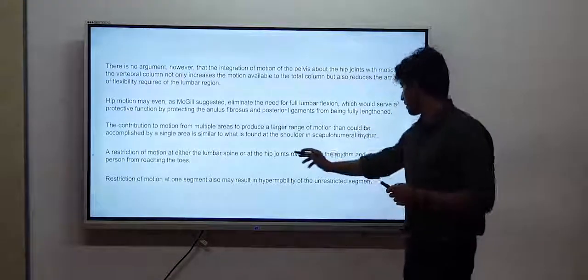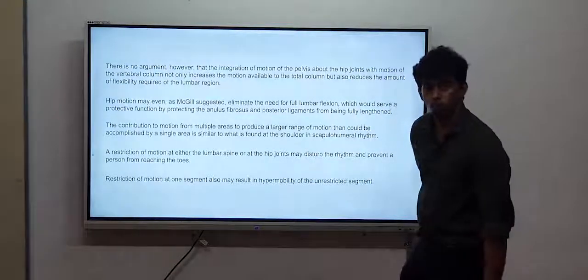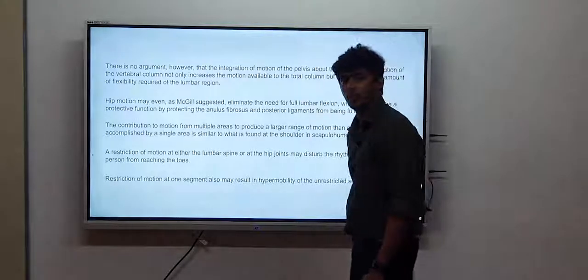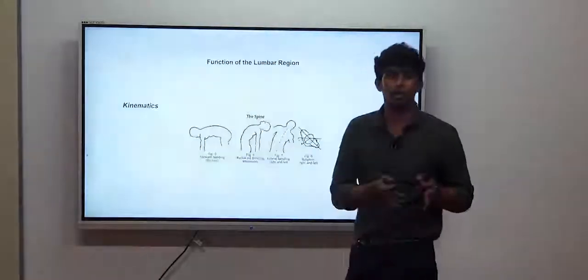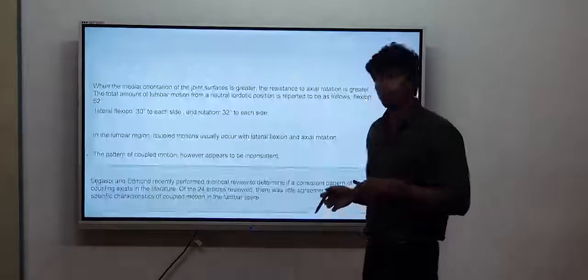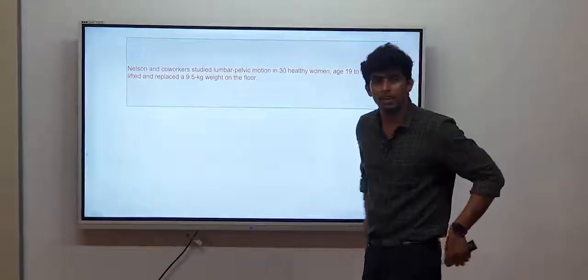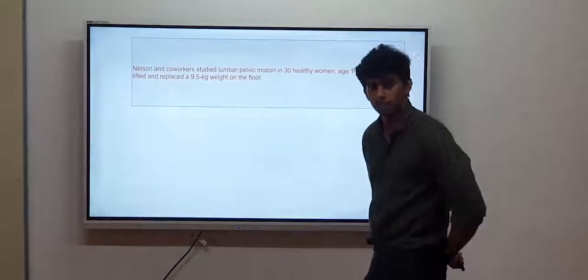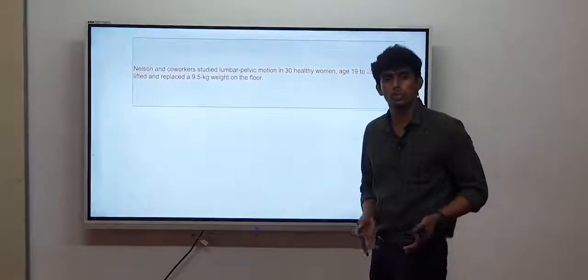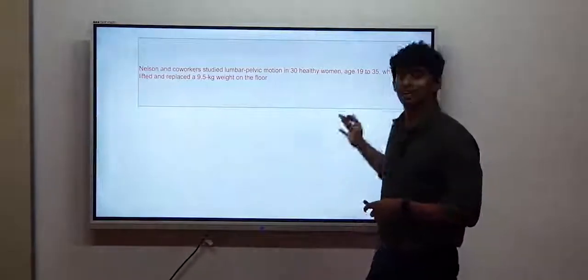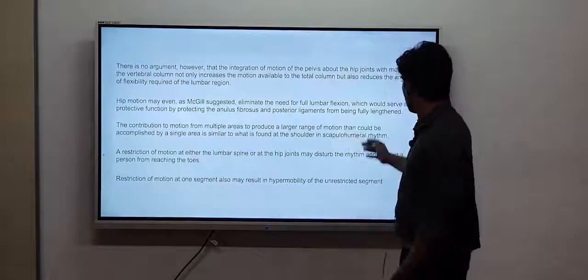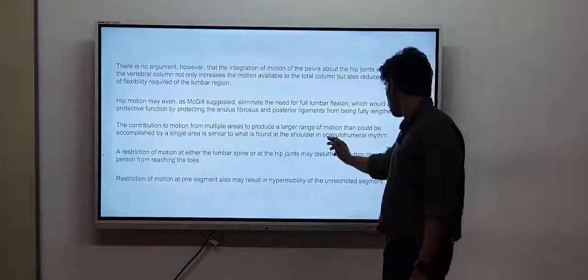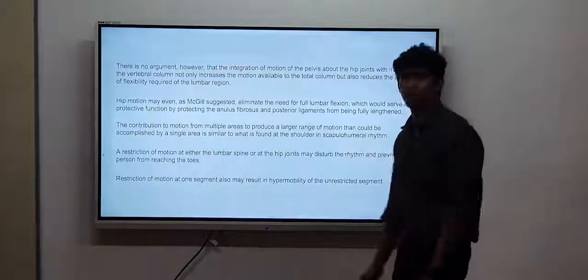If a problem occurs in the posterior aspect, that is the erector spinae, or over the hip flexor, that is what we call lower cross syndrome. If any muscles are getting tight, either the erector spinae or hip flexor, there are more chances that we can get low back pain. That's what they explained here. And yes, it is also somewhat similar to the scapulohumeral rhythm.